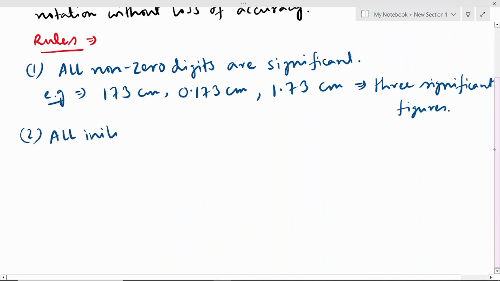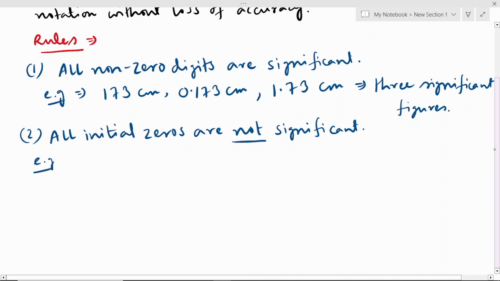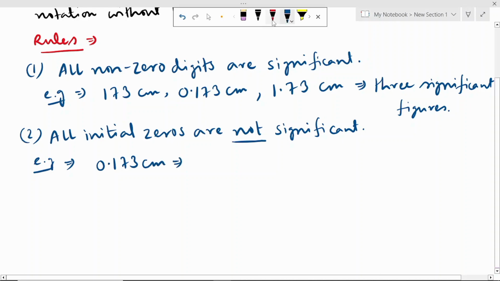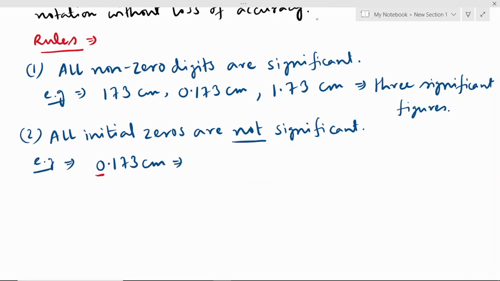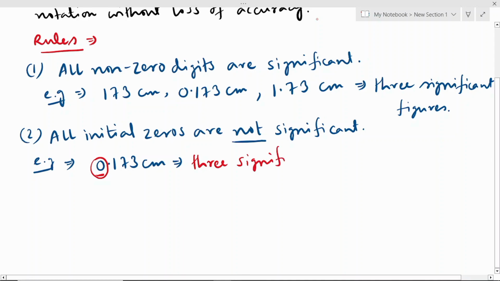Rule number 2 says all initial zeros are not significant. Example, 0.173 centimeter. Here this is the initial zero, so this is insignificant. So here, three significant figures.